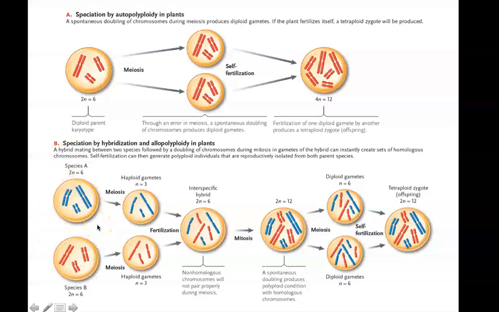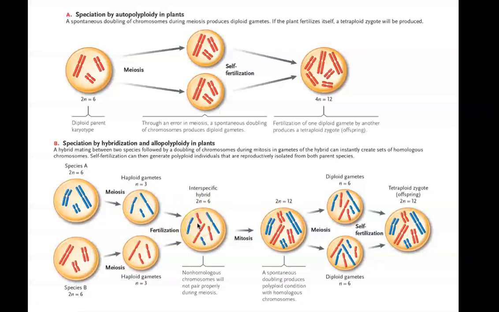Through meiosis, we don't have an error. We end up getting a gamete as we would expect with a haploid number of 3 from each, and then the gamete from this species fertilizes the gamete from this species, leading to a hybrid with the correct diploid number once again.